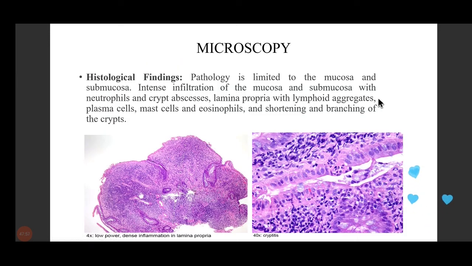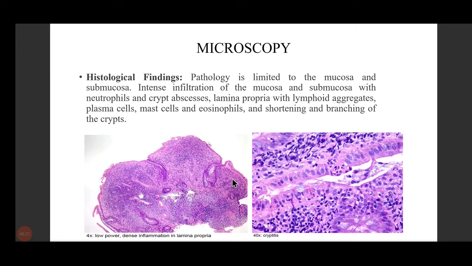On microscopy, the pathology is limited to the mucosa and submucosa. Intense infiltration of mucosa and submucosa with neutrophils and crypt abscess was seen. Lamina propria with lymphoid aggregates, plasma cells, mast cells, and eosinophils, and shortening and branching of crypts was seen.